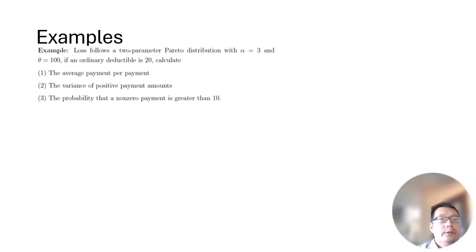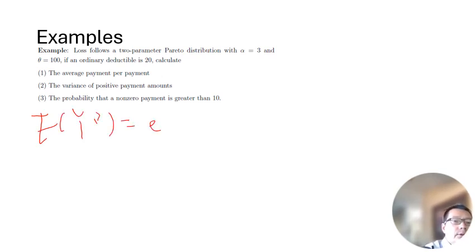First, we calculate the expected payment per payment, E[YP], which is E20. So this is just 100. You can use the formula to get to here.